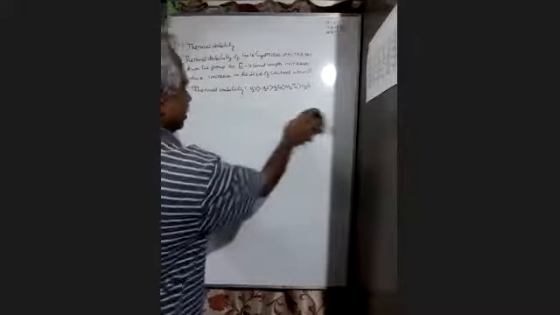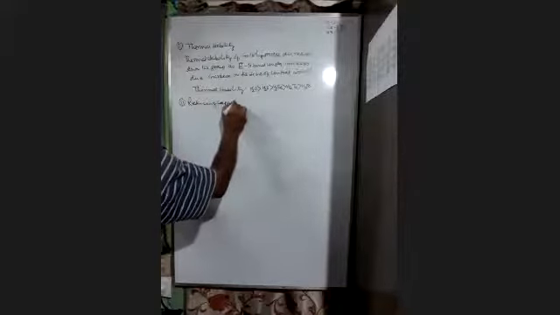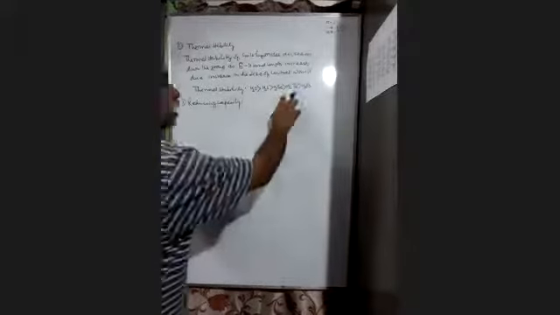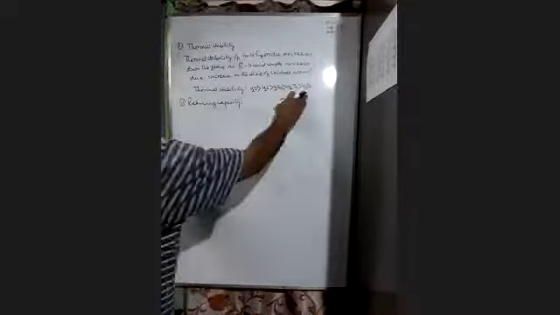So now I write here reducing capacity. See, who will give you the hydrogen first? This one, this has minimum energy. So this is the strongest reducing agent. I told you we are not going to use this one because it's radioactive, it is going to harm us.